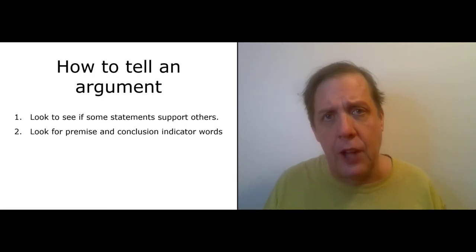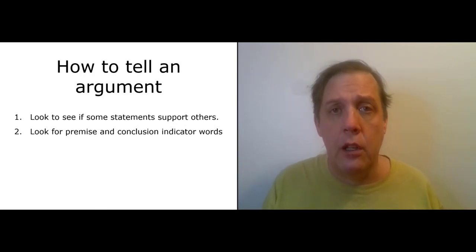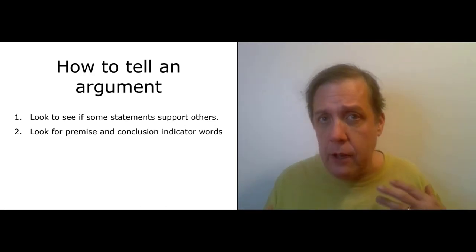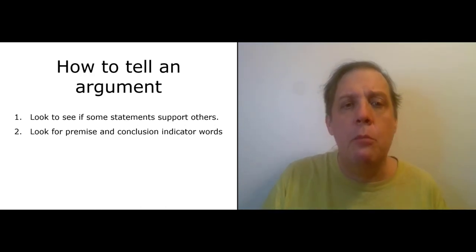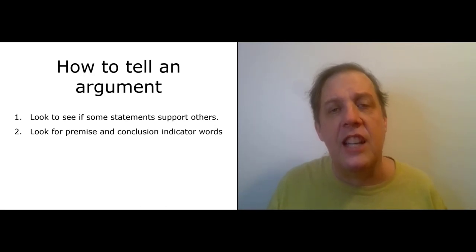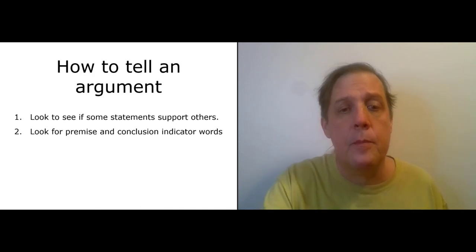Sometimes we forget to flag things with argument indicators. Other times, and this is more insidious, people will use premise and conclusion indicators when there actually isn't an argument there. They're trying to fool you. So the main thing you really want to look for is whether or not some statements support others, and then use the indicator words as a hint for that.